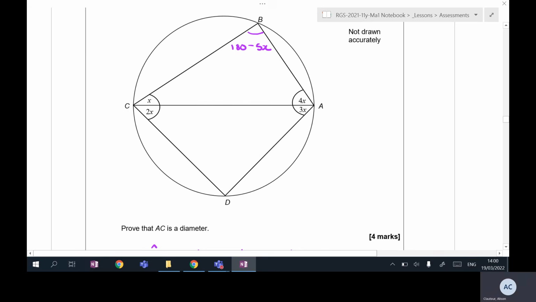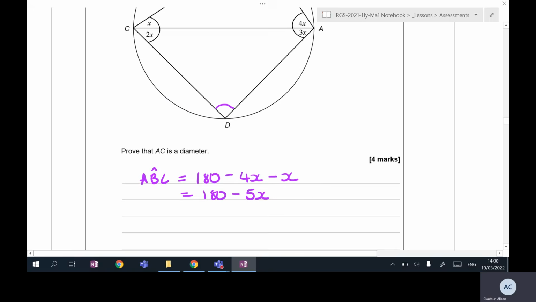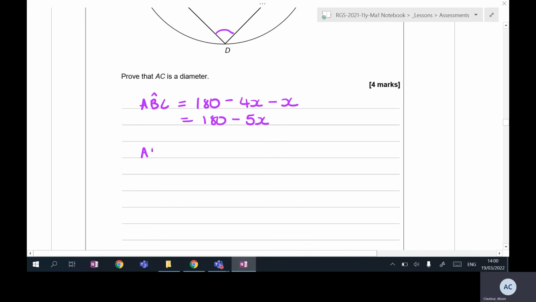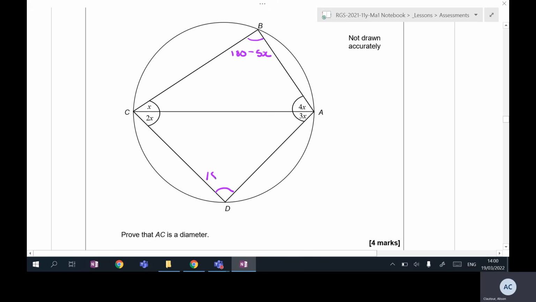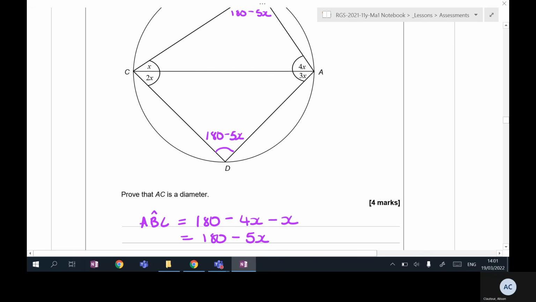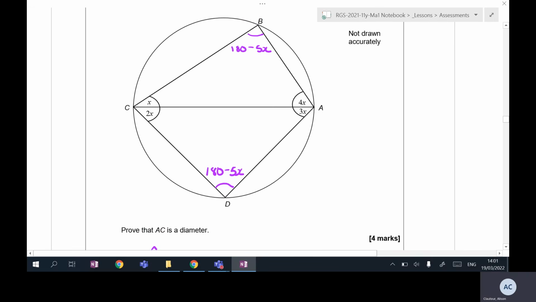I'm going to do the same for the other triangle down here. So this time I've got a 3x and a 2x. So ADC is 180 minus 3x minus 2x. So also 180 minus 5x. Okay. So these two angles are in a cyclic quadrilateral.